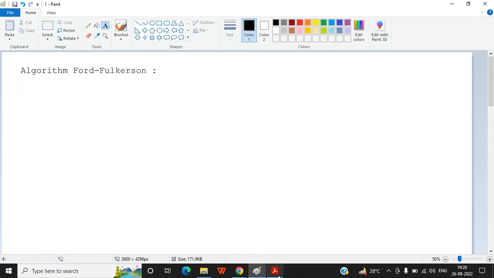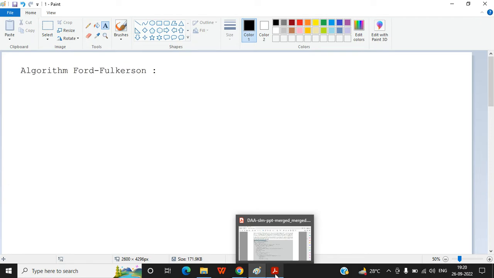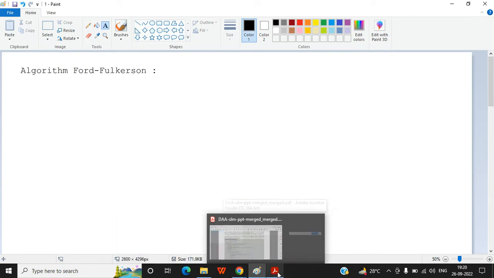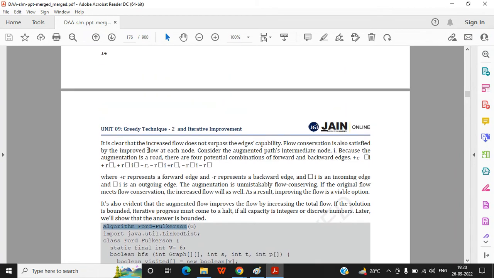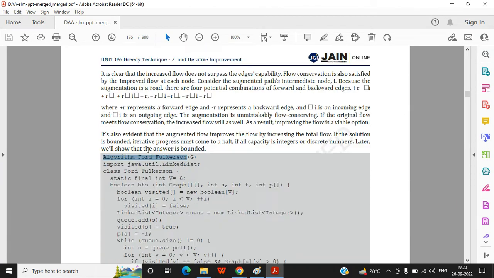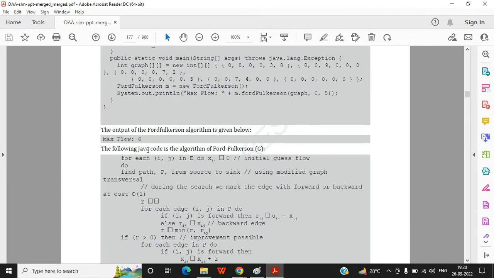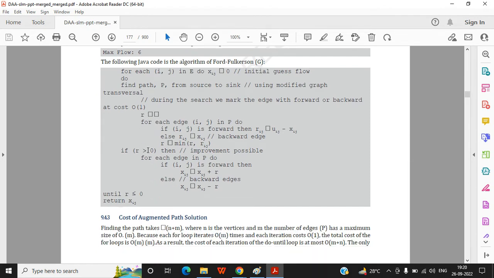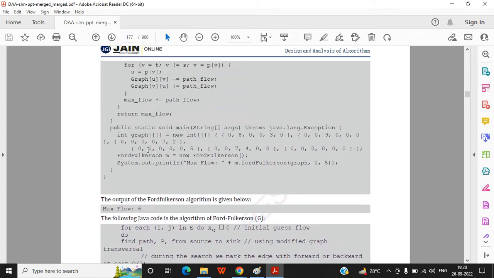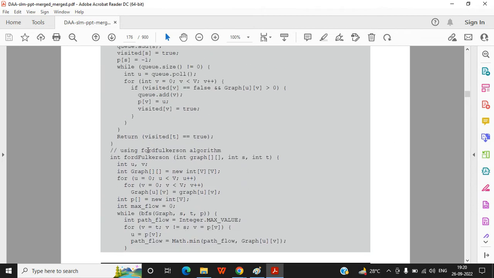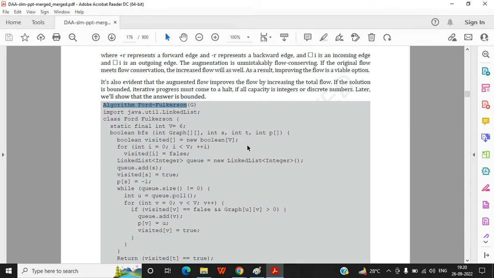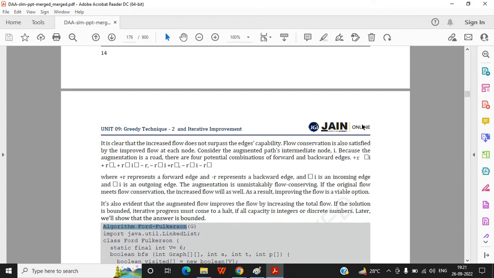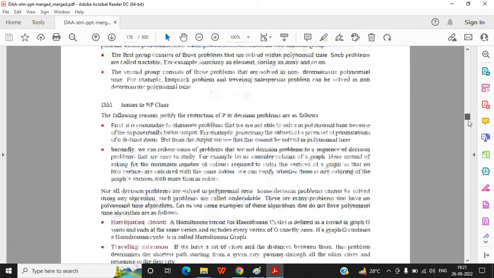Now for that purpose, I want to copy the graph given by them here. Where is the graph? No, there is no graph. Maybe it is there in the PPT. It is unit 9.